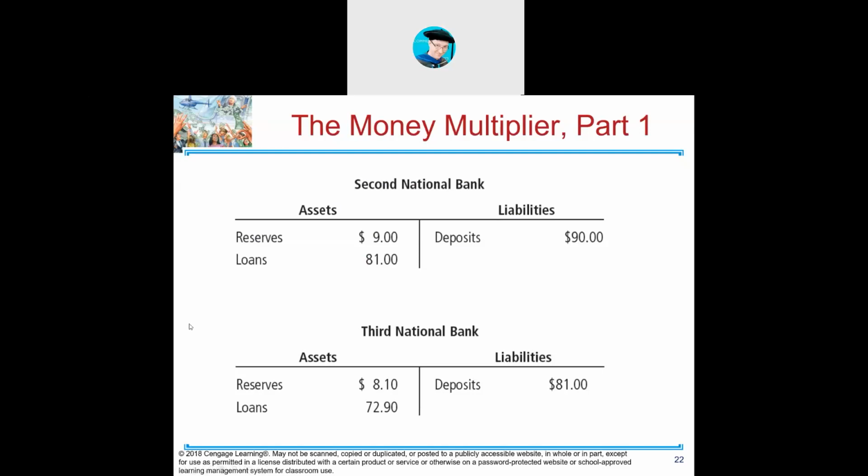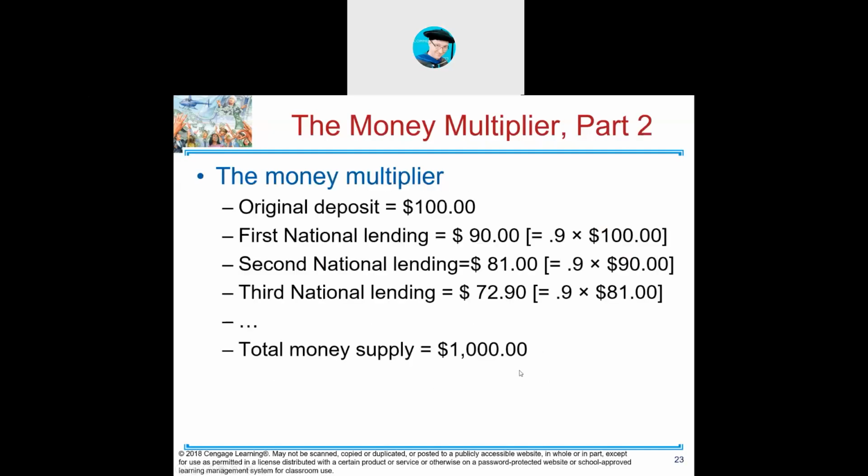In this example, Second National Bank has $9 in reserves. Third National Bank has $8.10 in reserves. The loans also follow the same trend line, so $81 for second, $72.90 for third. Deposits are also similar, 90 in deposits, 81 in deposits.